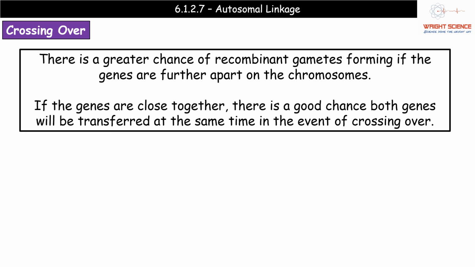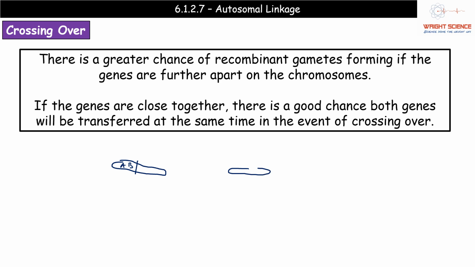If we've got these two genes being located very close together, then it's less likely that we're going to get any reassortment. Because if you imagine the scenario where we've got our little genes located in that same region, that whole section could be swapped over.